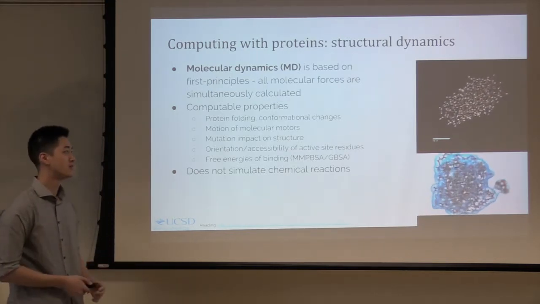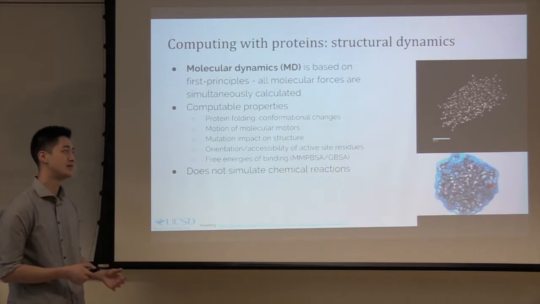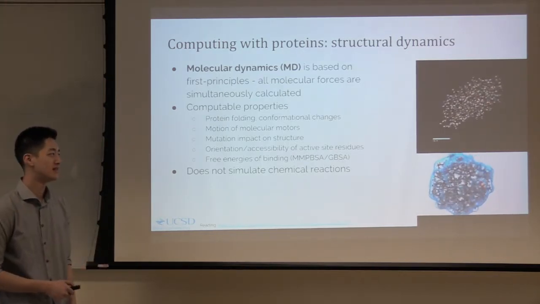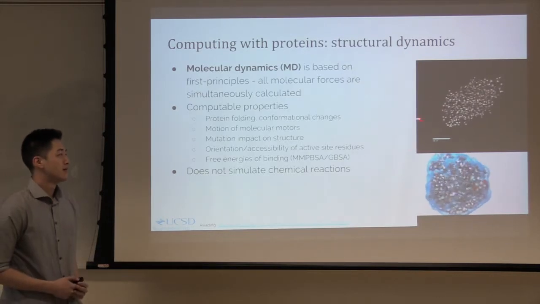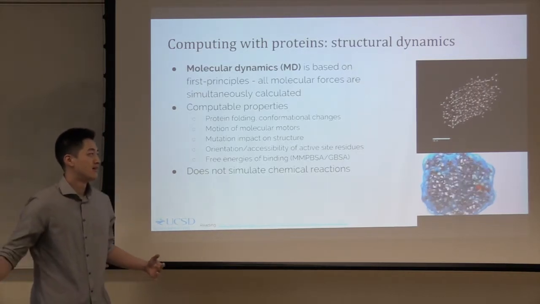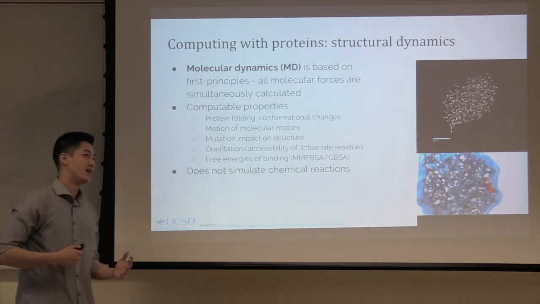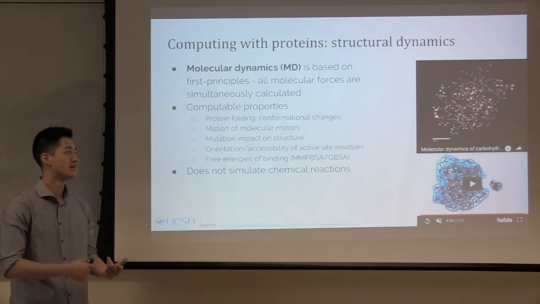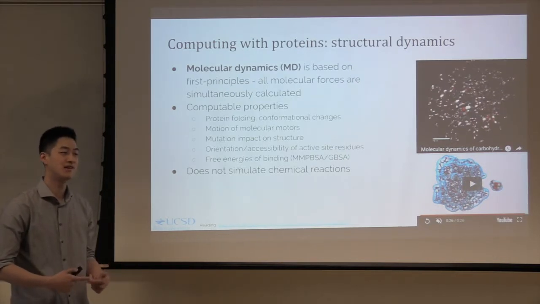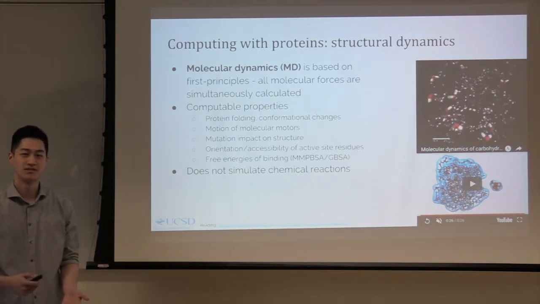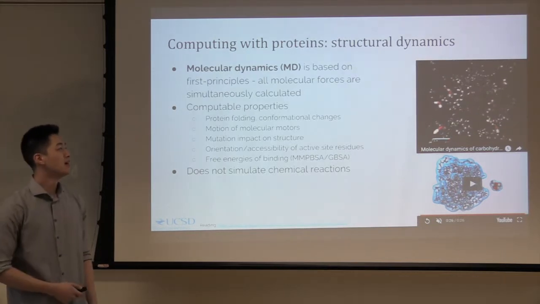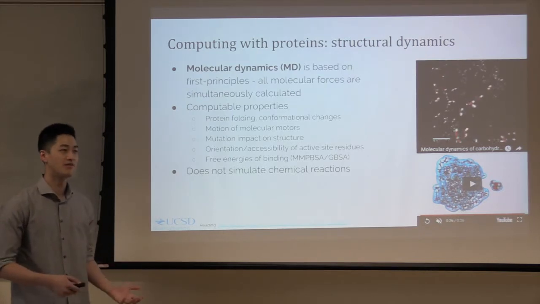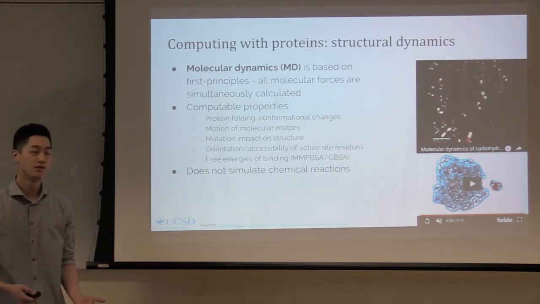They represent each atom, or in some cases each residue, depending on how detailed you want the representation to be, and simulate its forces in terms of its neighbors around it. This is really just calculated molecular simulation based on first principles, using Newton's laws of motion. And this is not just applied to proteins, but also to material science.